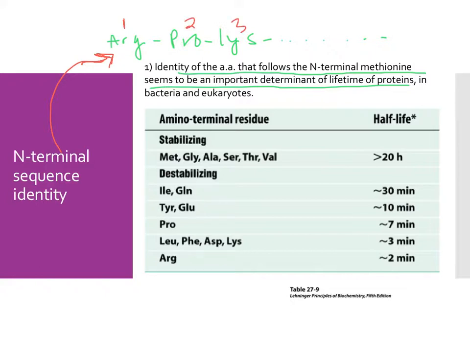If it happens to be an arginine, oh look, I didn't even do that on purpose, that would make this primary sequence targeted for degradation, or its half-life very, very short. It will only last in the cell for approximately 2 minutes, which isn't very long. You can probably imagine that hemoglobin and myoglobin are somewhere up here because those proteins last for a very, very long time. Okay, that's N-terminal sequence identity.